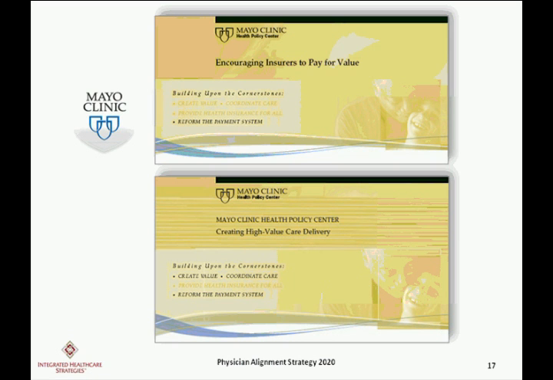When you look at some of the work that the Mayo Clinic has done, arguably one of the oldest and most successful integrated care models, which has been developing and experimenting and refining for several decades what they mean by physician alignment, they've published some documents on their website that look at encouraging the embrace of 4 cornerstones: creating value, coordinating care, providing health insurance for all, and how they are looking at reforming the payment system.